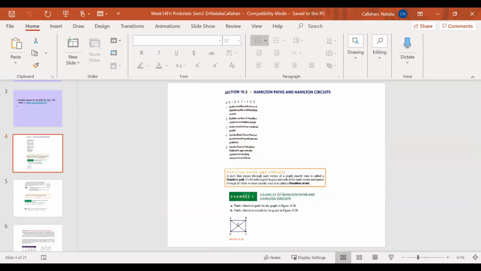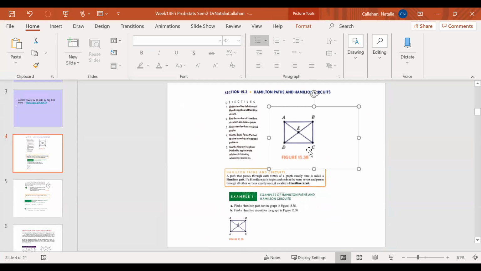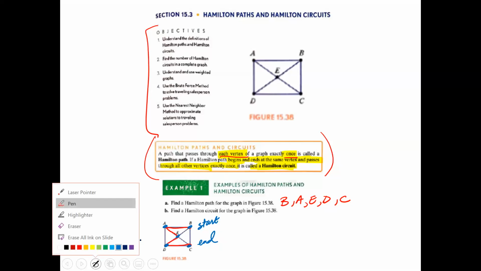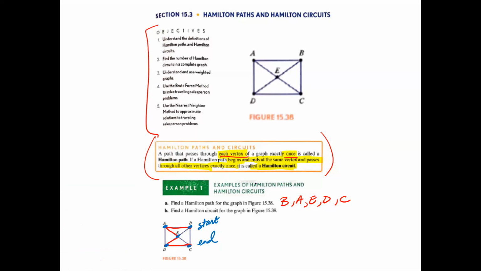Now, on the other hand, if I want to go through the Hamilton's circuit, I'm going to clear this up so I have another diagram that I can use. For your Hamilton's circuit, remember you have to begin and end at the same vertex and pass through all of the vertices exactly once.